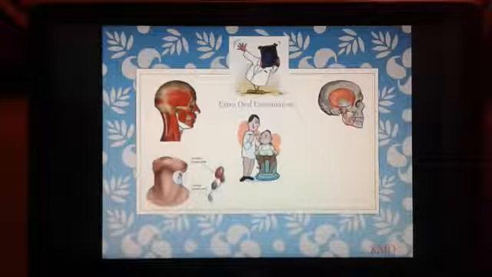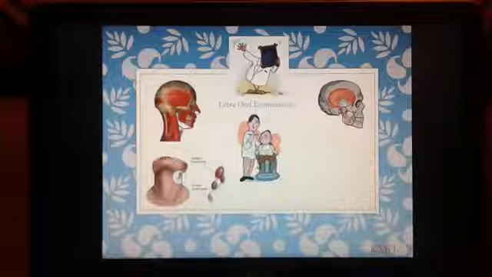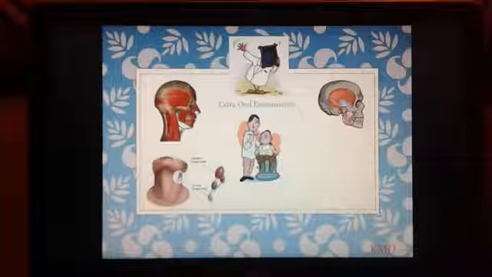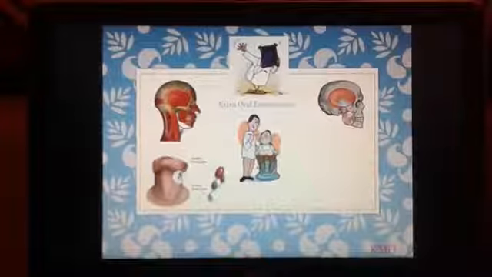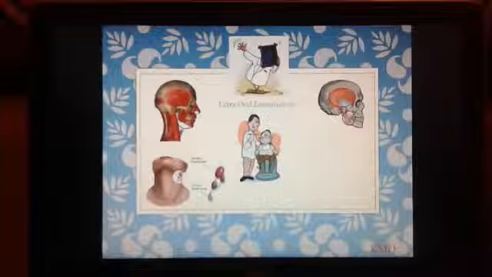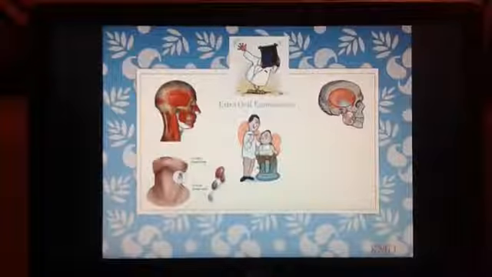Coming back to the main aspect, it is also very important for us as a clinician to evaluate the temporomandibular joint.